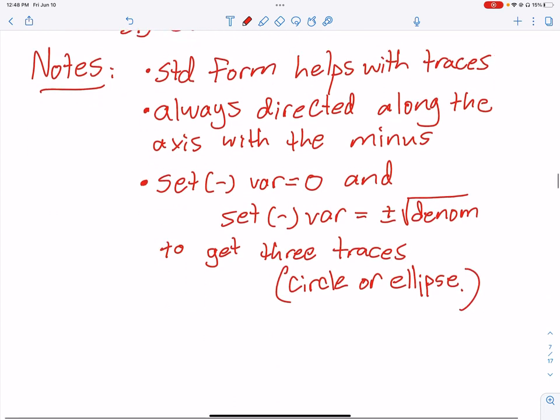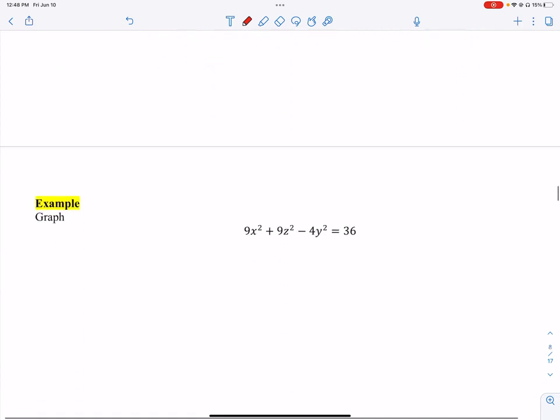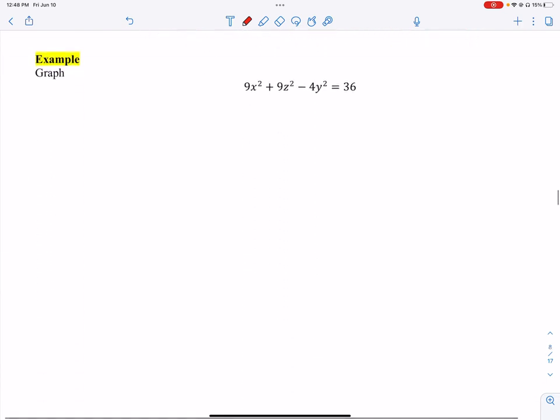Okay, let's get an example of this in. All right, so if you were graphing from a homework set, first you got to be able to recognize that it is a hyperboloid. There is one negative.